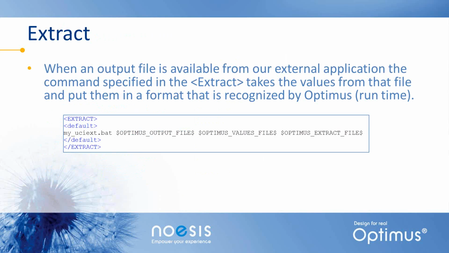As I told you, the extract is executed during runtime, so for any new design, new experiment, this is the command that is called, and the extract takes the value from the output file and puts it in a format that is recognized by Optimus.